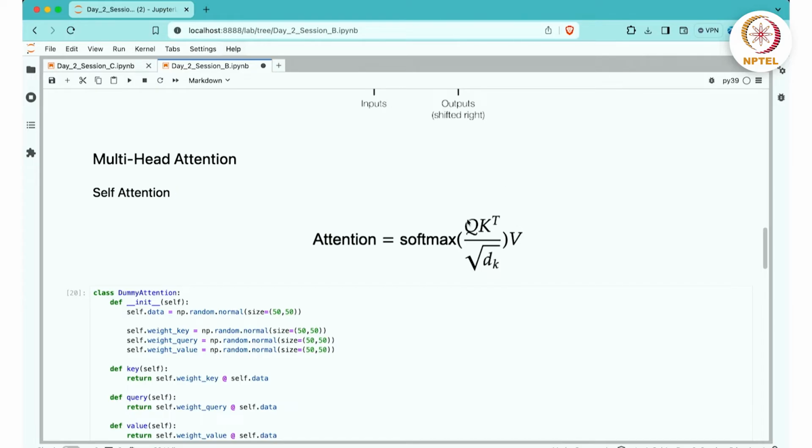If you think about it, Q is generally a normal matrix where the mean is 0 and variance is 1. So is K. But now when we do a matrix multiplication of Q and K, each cell in the score matrix is: you take a row in Q, you take a column in K, each element gets multiplied, and then all of them are added together to give one cell in the score matrix.